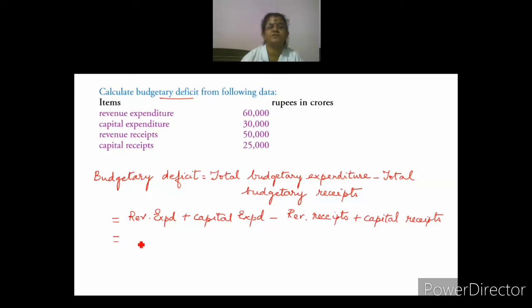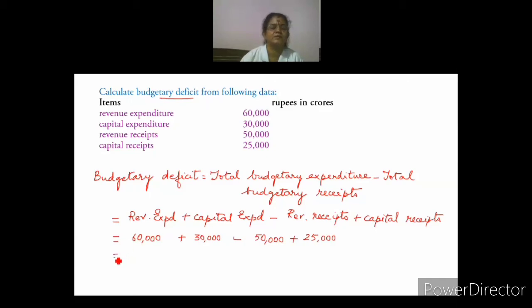Revenue expenditure is 60,000 crores plus capital expenditure is 30,000 crores minus revenue receipts is 50,000 crores plus capital receipts is 25,000 crores.